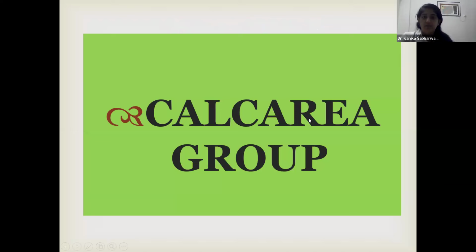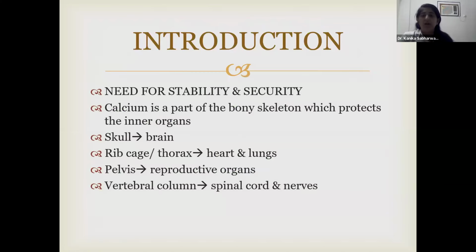So I'll quickly run through the Calcarea group. Doctrine of signature, especially Calcarea carb, calcium is a part of the bony skeleton. What does the bony skeleton in your body do? It protects delicate organs. For example, skull protects your brain, thorax, rib cage protects your heart and lungs, pelvic girdle protects reproductive organs, vertebral column protects spinal cord and nerves.